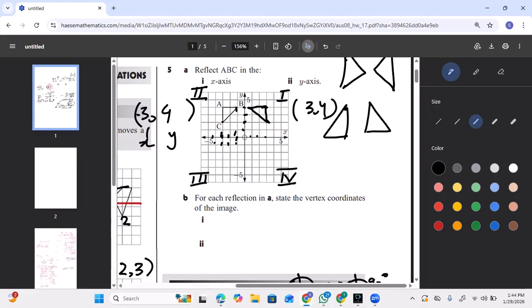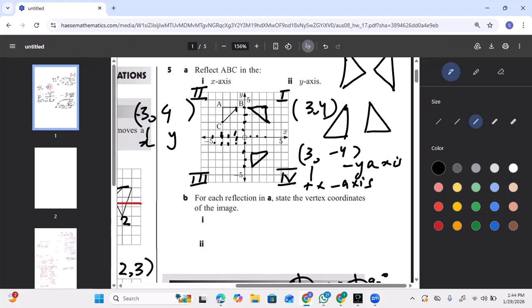Okay, so now if we have to reflect this into the fourth quadrant, we will do the same thing: 1, 2, 3, 4, and 1, 2, 3. So we'll do it like this. Now the coordinates we have are plus 3 and minus 4, because we have 4 in the negative y-axis and 3 in the positive x-axis.